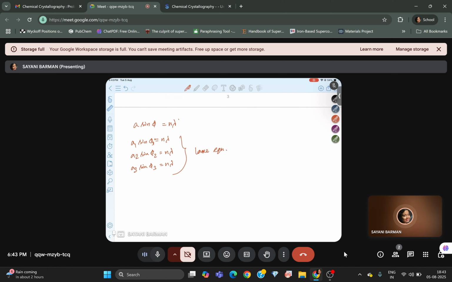These are all Laue equations, but this is for 1D crystals and this is for 3D crystals.